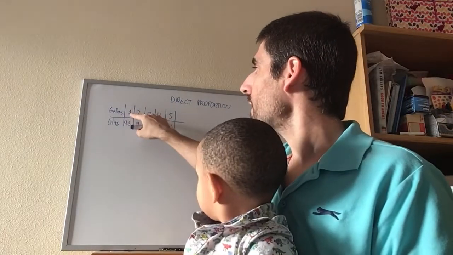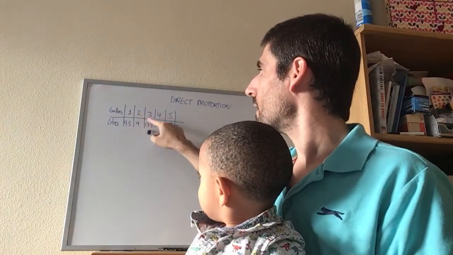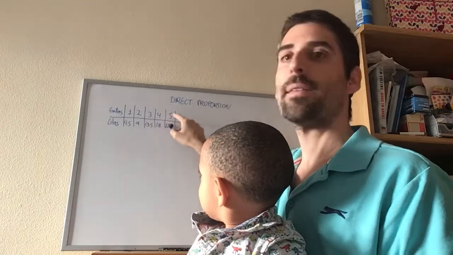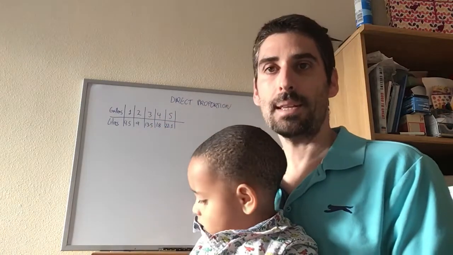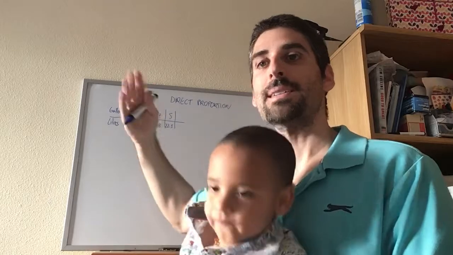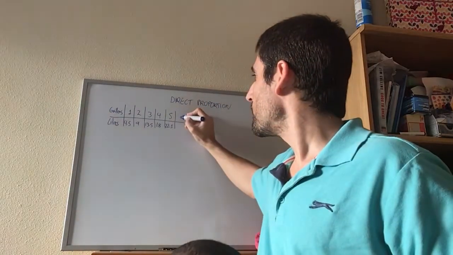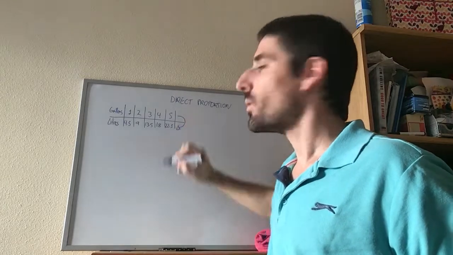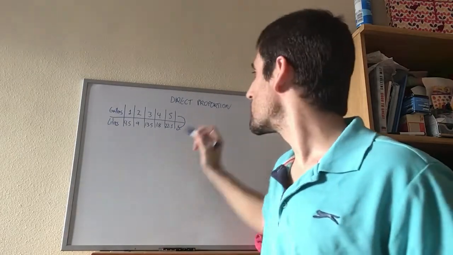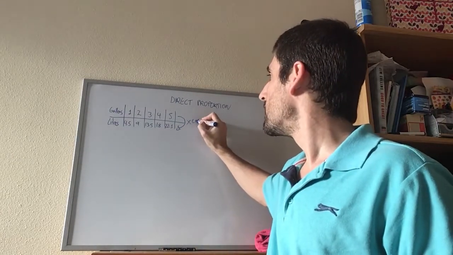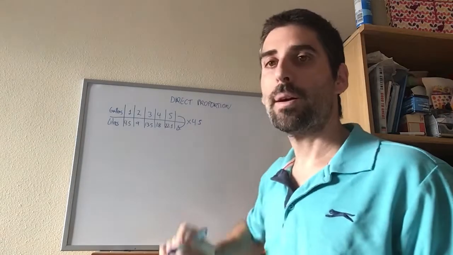To go from there to there, there to there, there to there, there to there, and there to there, you can all see that the proportion is the same. To go from here to there, all I have to do is multiply by 4.5.